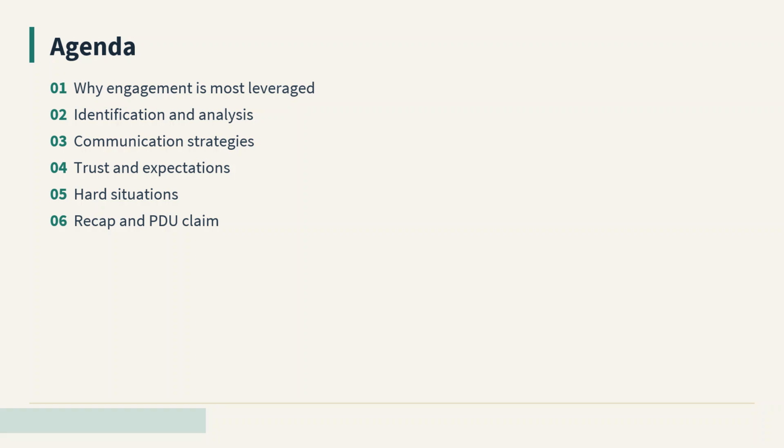Part 4 covers trust and expectation management, the 2 currencies that underlie every relationship. Part 5 addresses difficult stakeholders, disengaged stakeholders, and sustaining engagement through the long middle of execution. At the end, I will walk you through exactly how to claim your PDUs.